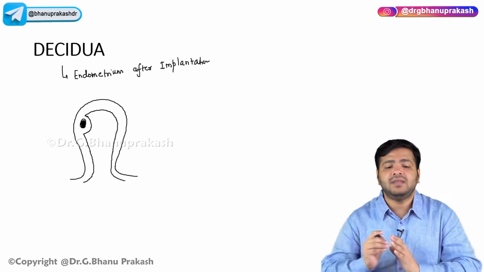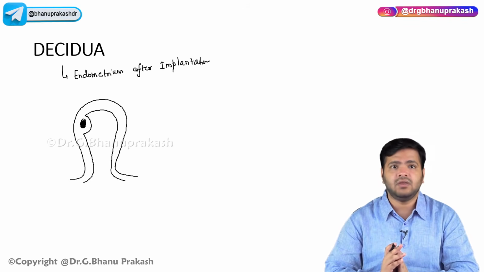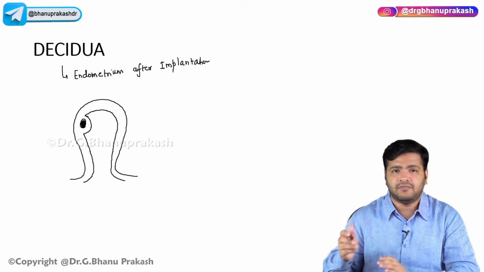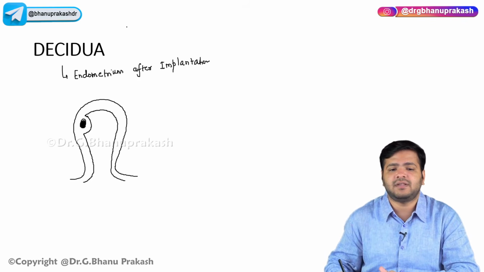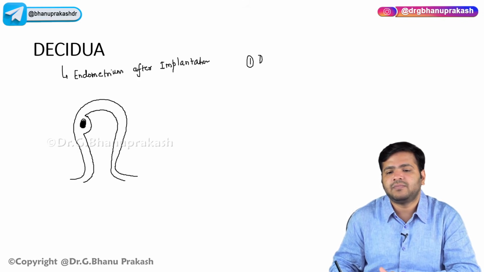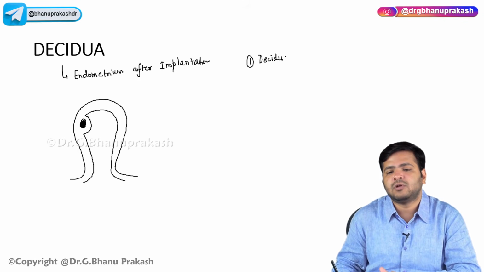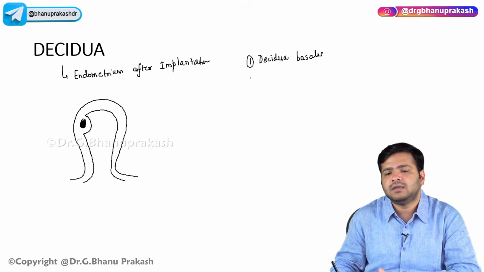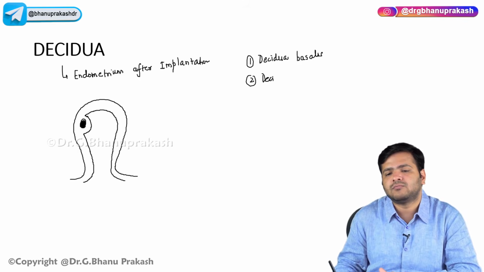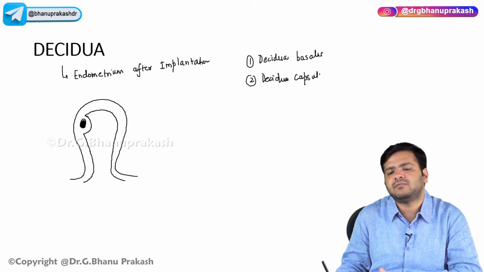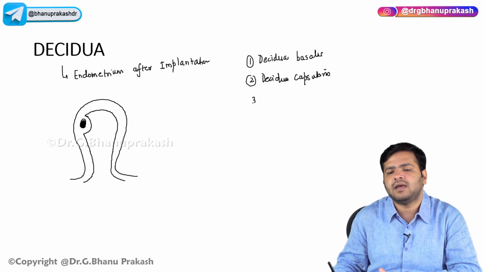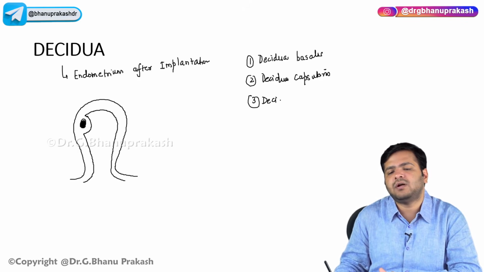Now we have three types of decidua: decidua basalis, decidua capsularis, and decidua parietalis.